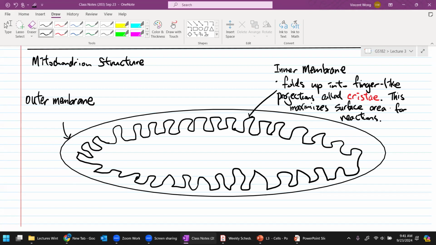So by folding it up, you basically maximize the amount of area available for reactions to take place. If you measure the entire area of the folded-up inner membrane, that's a couple hundred times more than just the outer membrane.